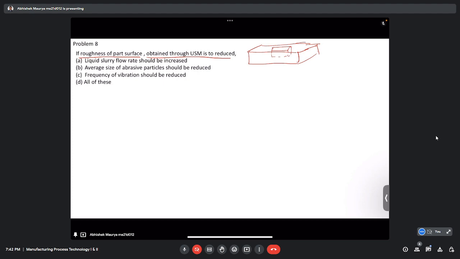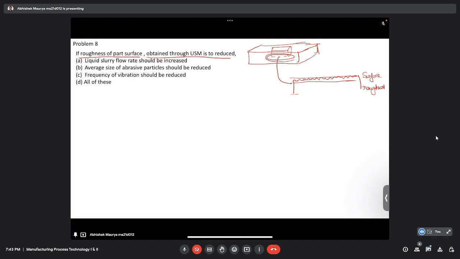Right now, after the ultrasonic machining, if we see the surface, then this is the machined surface. I will show it in a zoomed manner. If you look closely, this kind of small asperities will be there, and because of this we will get some surface roughness.